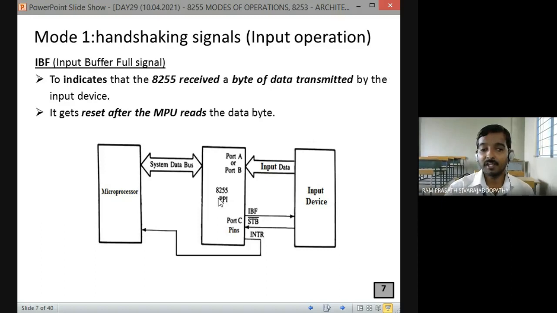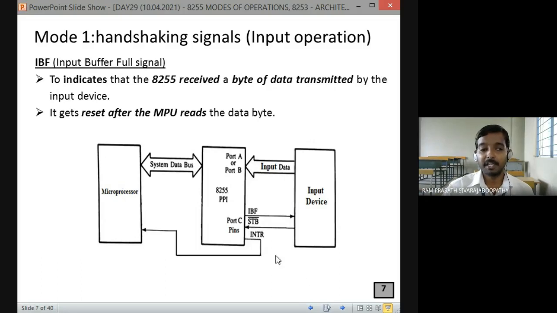Now, what does 8255 have to do? It has taken the data from the input device and given acknowledgement to the input device. Now, to whom should it give the received data? Yes, it has to be transferred to the microprocessor. So for that, this 8255 INTR pin is connected to any interrupt pin of the 8085 microprocessor.